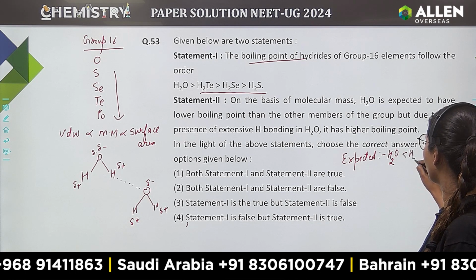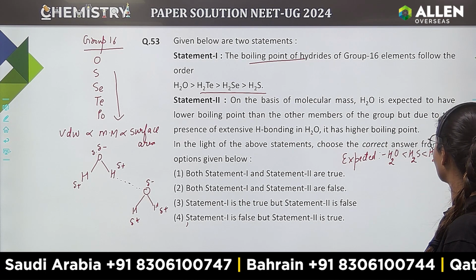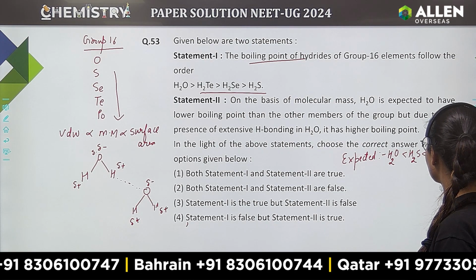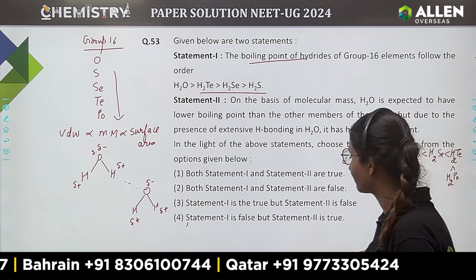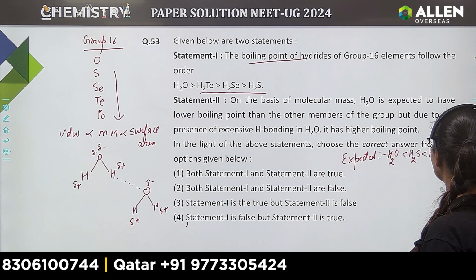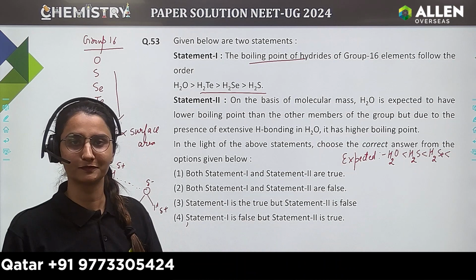Then comes your H2S, then H2Se, then your next element H2Te, then comes your next element H2Po, right? But here we are concerned only till Se. So I will discuss till Se, right? This is our expected order.